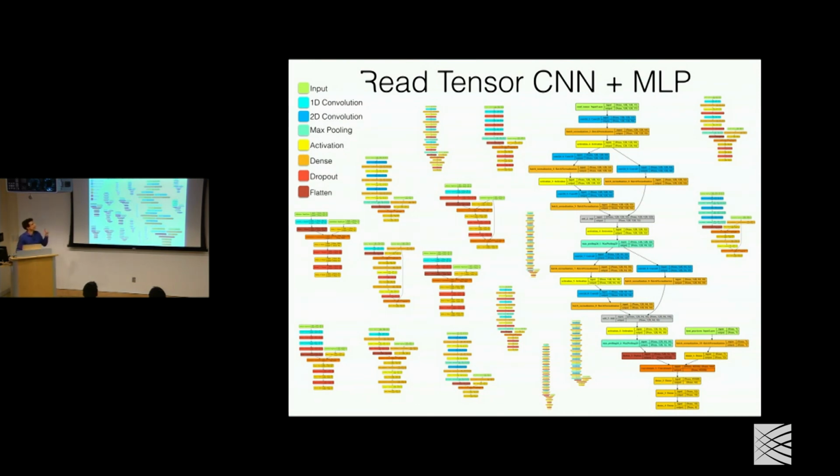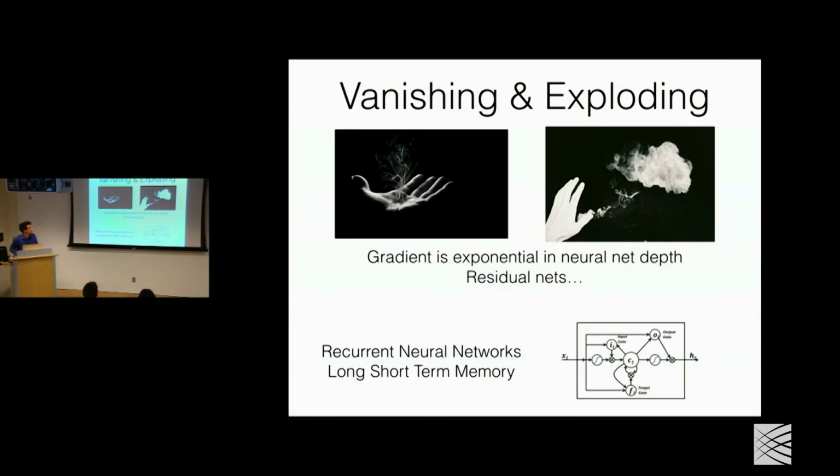And one exciting avenue is this idea of residual nets. There's a beautiful implementation from the imaging platform of residual nets, which are a way of getting even deeper. So inception let us get deep, but residual nets let us get even deeper, like thousands of layers deep. And that is an exciting avenue for attacking this problem of vanishing and exploding gradients.